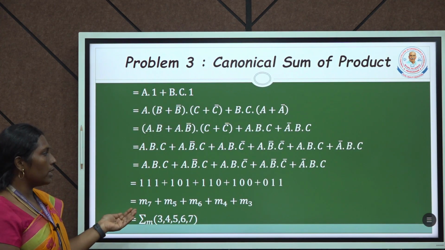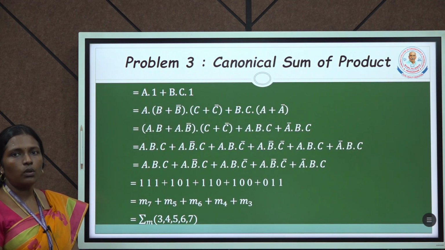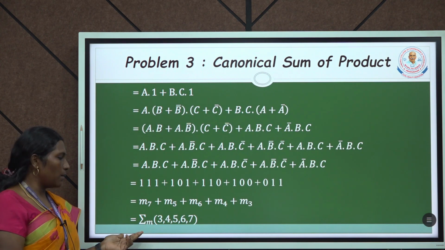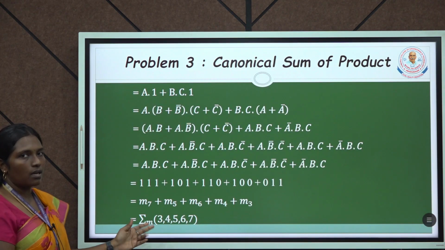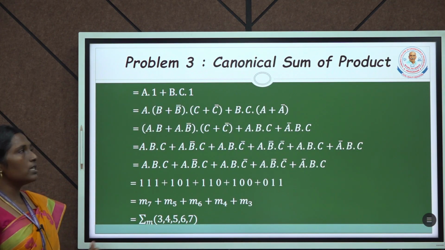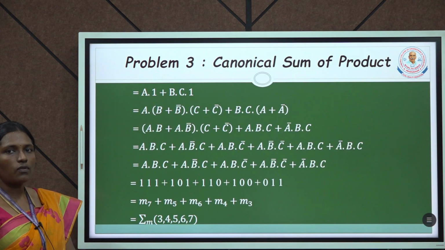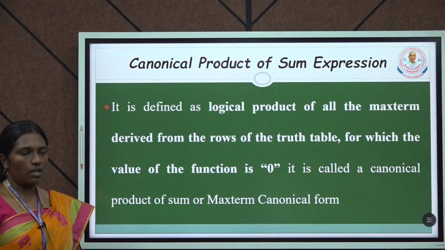Then by omitting it, you have to write it in binary form. From binary form to minterms, we write the result as summation of m 3, 4, 5, 6, 7. This is the methodology we will be following for the standardized canonical form of sum of product. The next is product of sum.